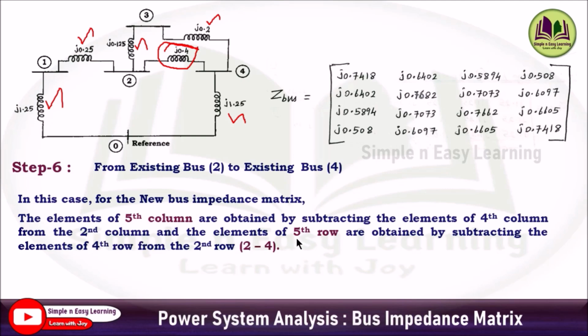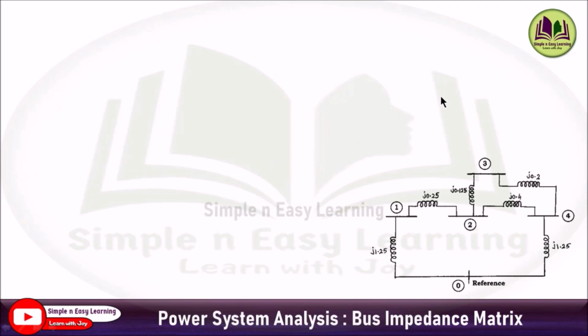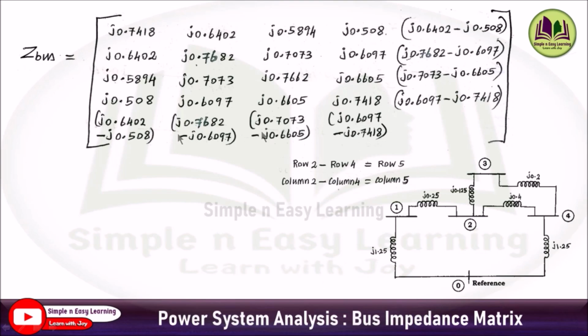Similarly, the elements of the fifth row are obtained by subtracting the elements of the fourth row from the second row. So row 2 minus row 4 gives you row 5, and column 2 minus column 4 gives you column 5. We are going to apply this in this matrix, so you will be getting it like this.